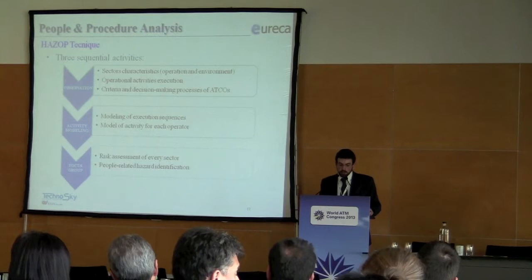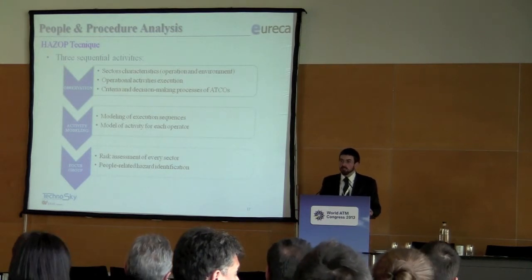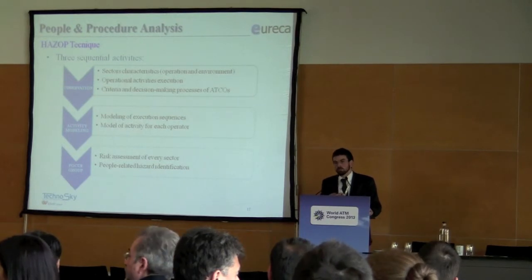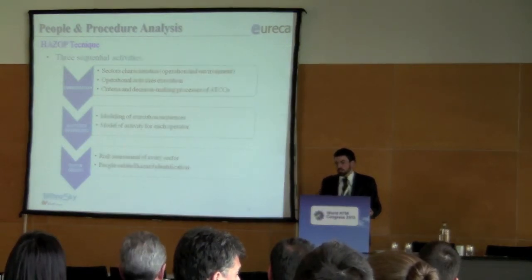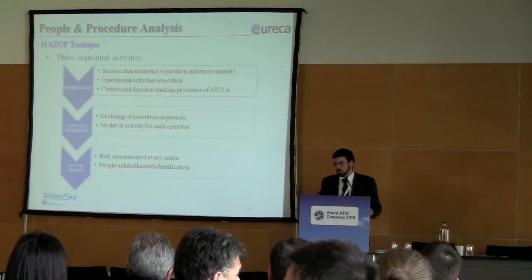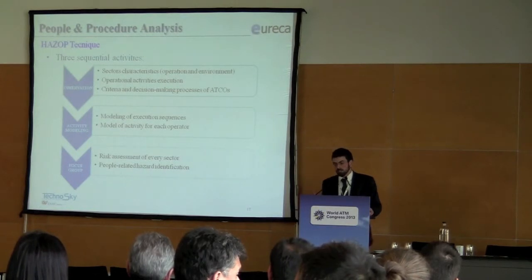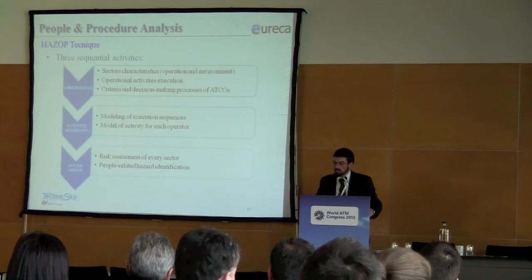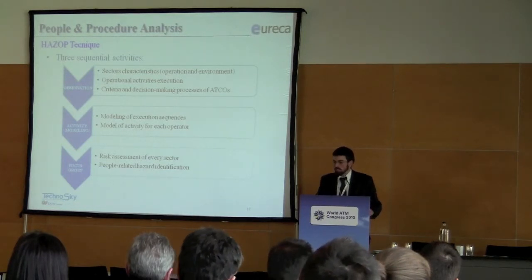Then, a very important step is modeling. We have to realize the models of what we have observed. In this case, modeling of the execution sequences and model of activity for each operator. Okay, so the human factor is very important, of course, for the assessment.